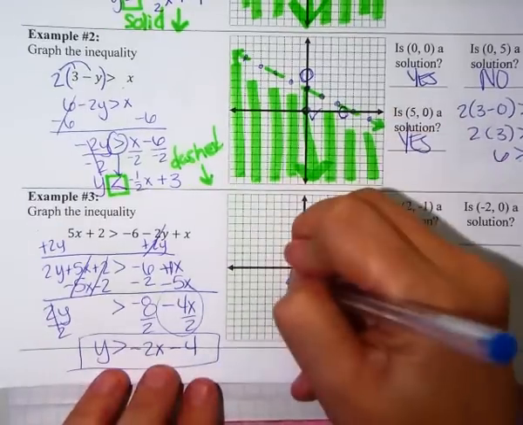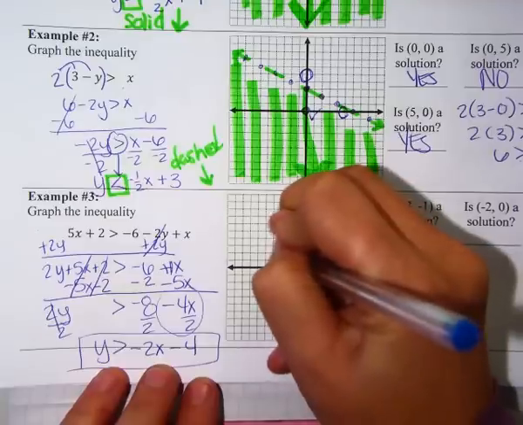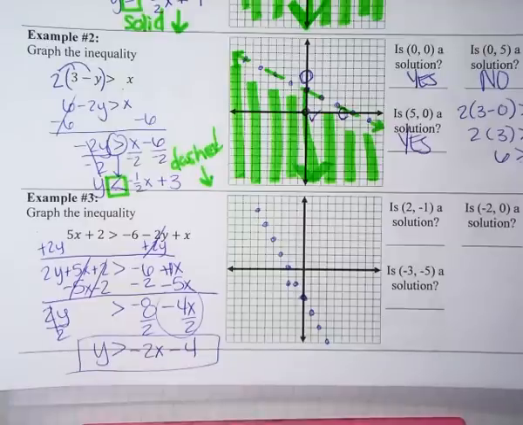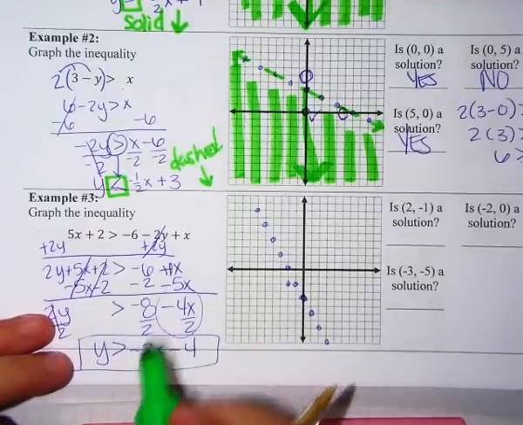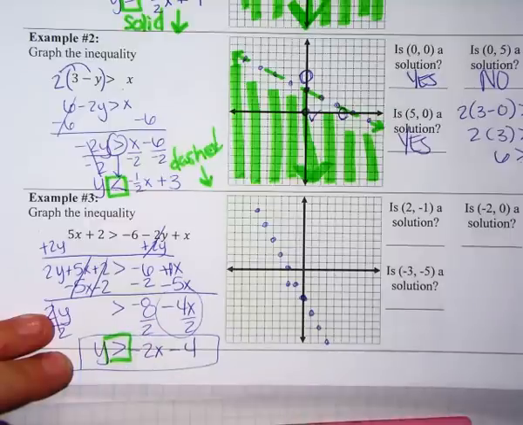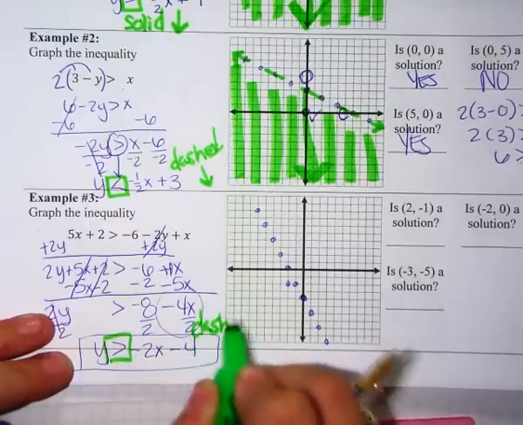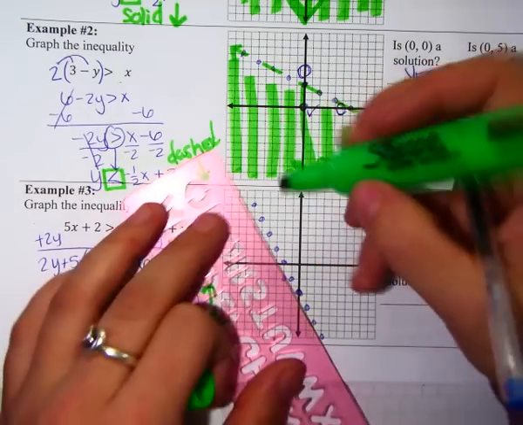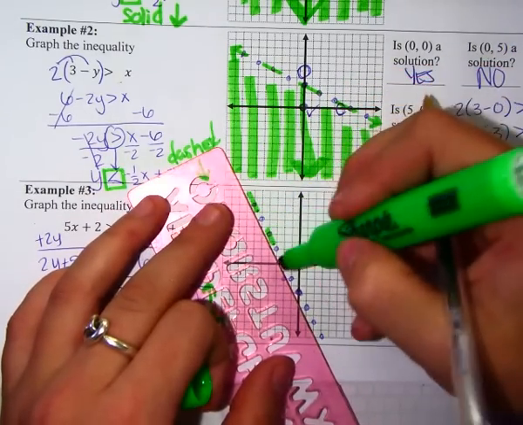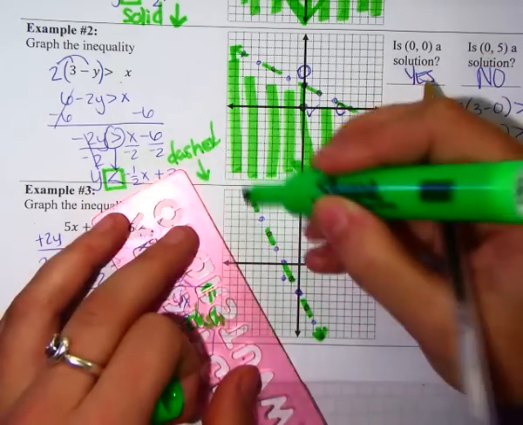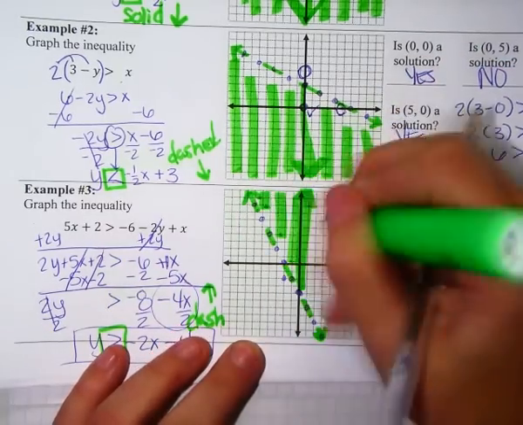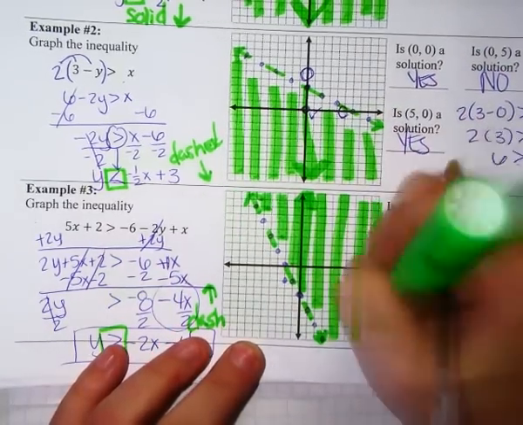Yeah. Okay. This is going to be a dashed line because it's not going to equal it, and I'm going to shade above. Okay, so it'll be a dashed line, and I'm going to shade above the y-intercept like that.